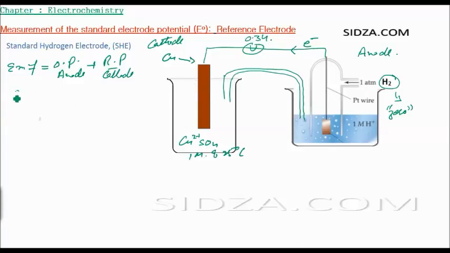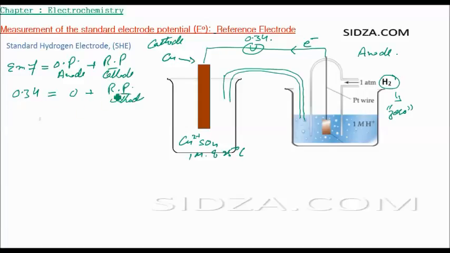So 0.34 volts will be equal to the oxidation potential of the anode, which is hydrogen and by convention is 0, plus the reduction potential of the cathode.